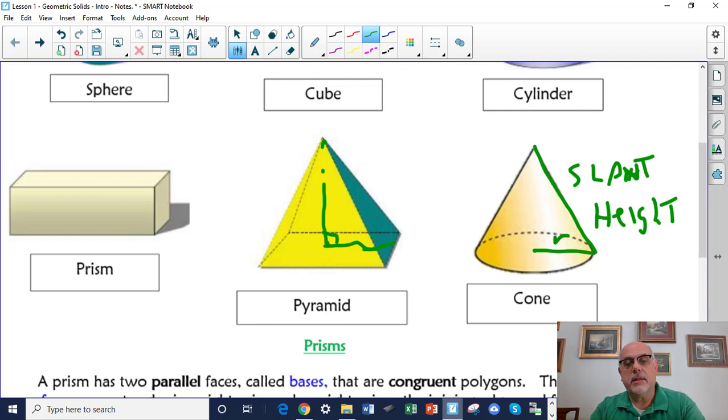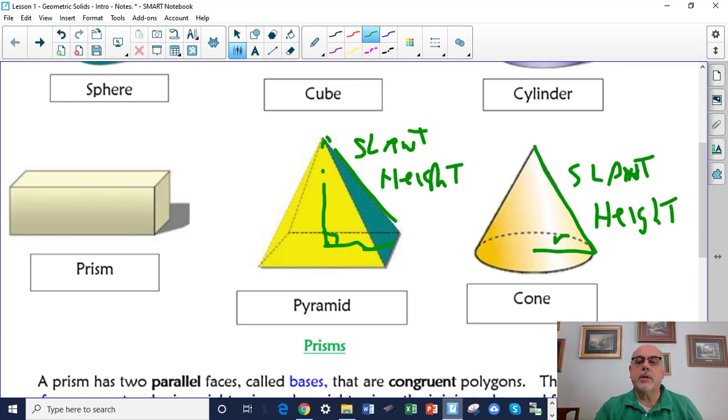You have this, and this is the slant height here. And you'll see in some of the problems why you need a slant height, okay? You have to remember the pyramid and the cone, from the point perpendicular to the base, it intersects the center of the base, whatever it is, whether it's a square or a circle.